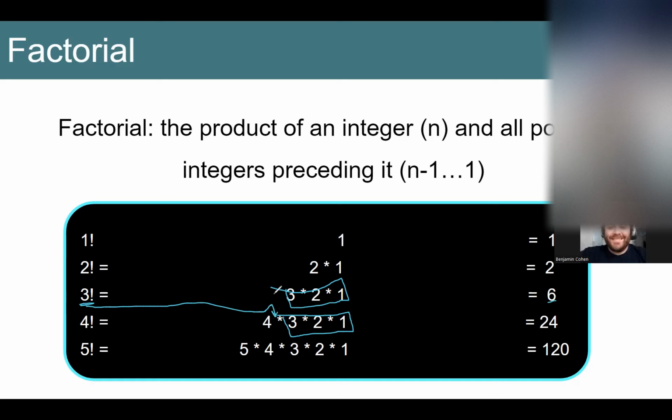If we wanted to calculate the value of 4 factorial, we could say this is equal to 4 times 3 times 2 times 1, which is the same thing as 3 factorial. Let's forget about the 4 for a second and keep it here. We know 3 factorial is 3 times 2 factorial, because this 2 times 1 is right here.